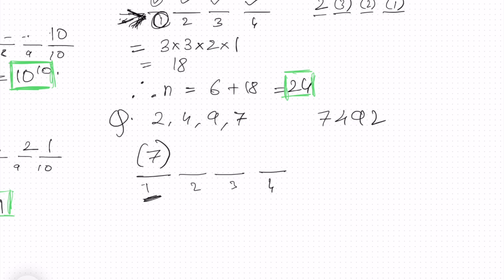I cannot place 9 in position 1, because any number over 9000 will exceed 7492. Now if I place 7 here, there are 3 digits remaining, 492.